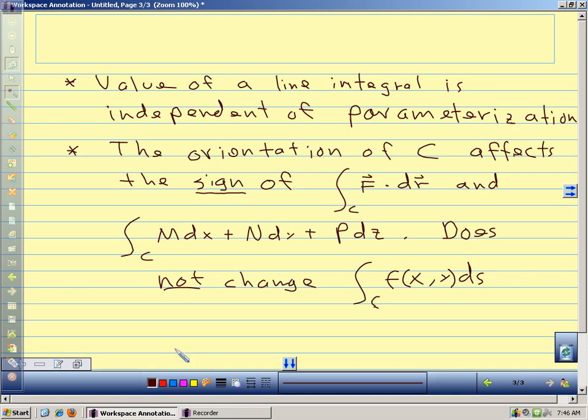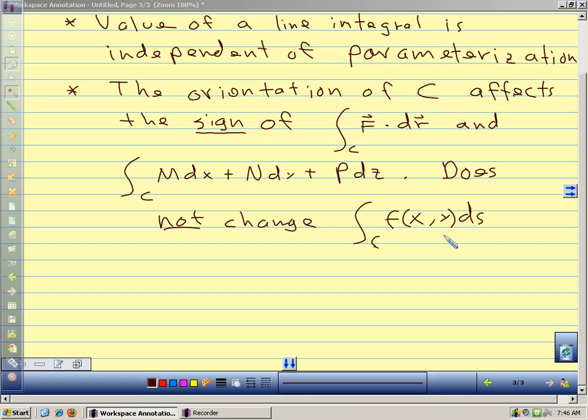And just to be more specific, the integral over negative C, and what I mean by negative C is we're going the opposite direction, of F dot dr is the negative of the integral going around the other direction, with the opposite orientation, of F dot dr. So if we parameterize the curve in the opposite direction, we change the sign of the line integral of a vector field.